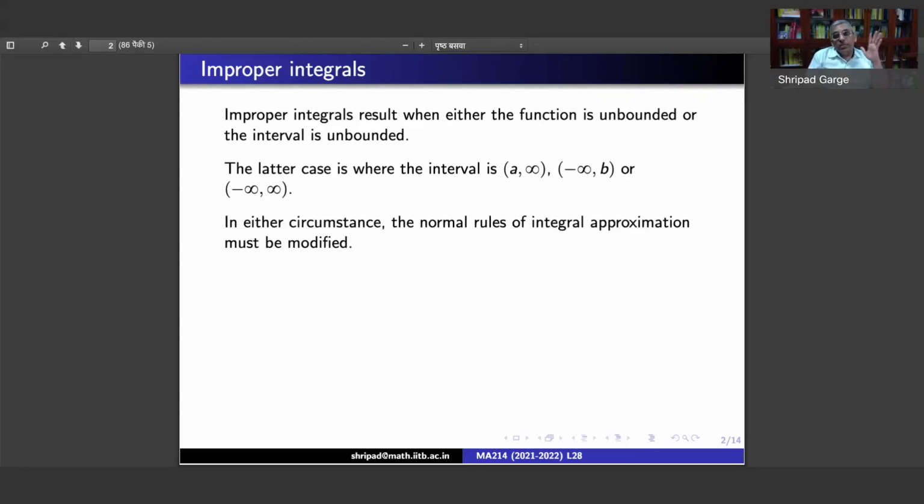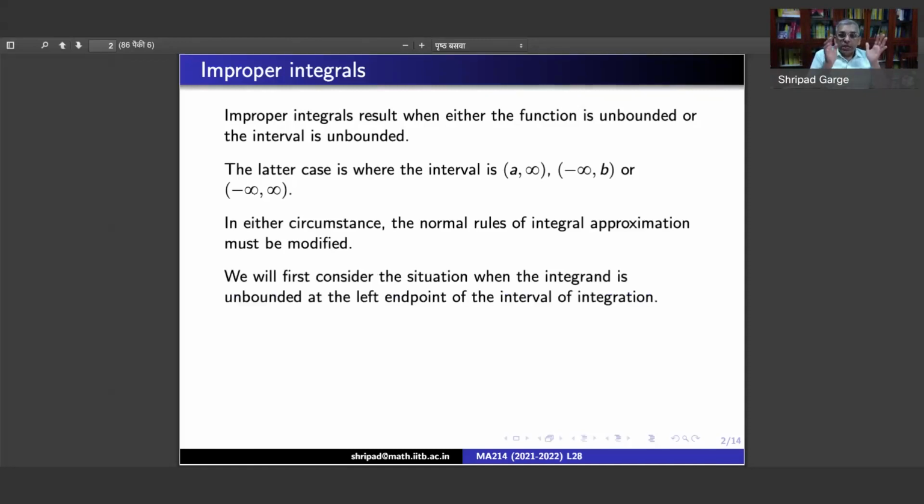In either circumstance, we have to modify our normal rules of integral approximation, and we have to properly define what we mean by any of this. So we are going to concentrate on one particular type of improper integral where the integrand is unbounded at the left endpoint.